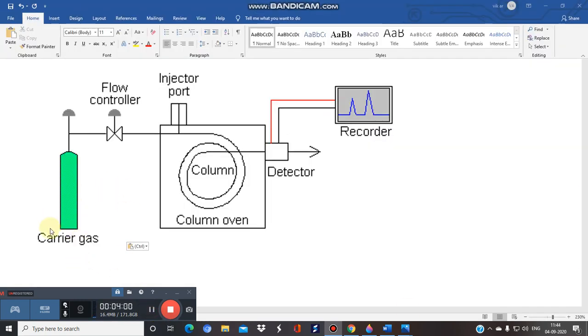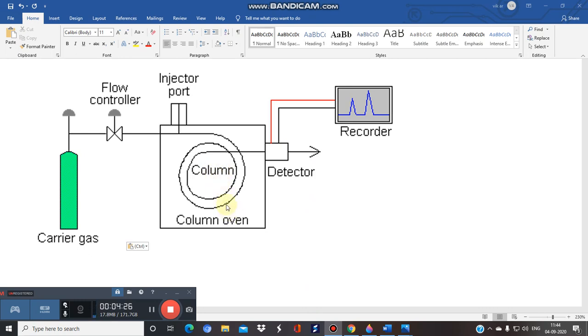So again, the carrier gas is there. I am repeating again. The injector port is very important because we have to vaporize our sample, and then the sample and the gas will go inside the column. The column is the place where the stationary phase is packed, and we know in gas chromatography we have GSC and GLC. When the stationary phase is solid, it is gas solid chromatography, and when the stationary phase is a liquid, it is gas liquid chromatography.